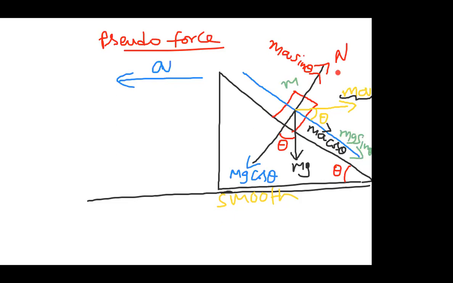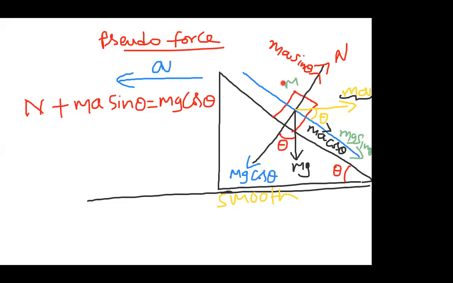That is, N plus MA sin theta must be equal to mg cos theta. So let me write that equation. N plus MA sin theta is equal to mg cos theta. You can clearly observe here N and MA sin theta in this direction, mg cos theta in this direction.